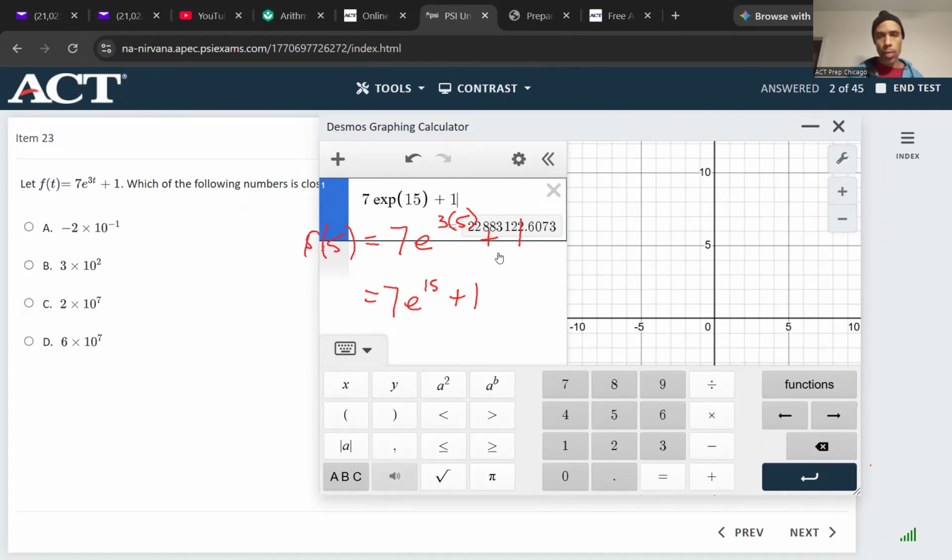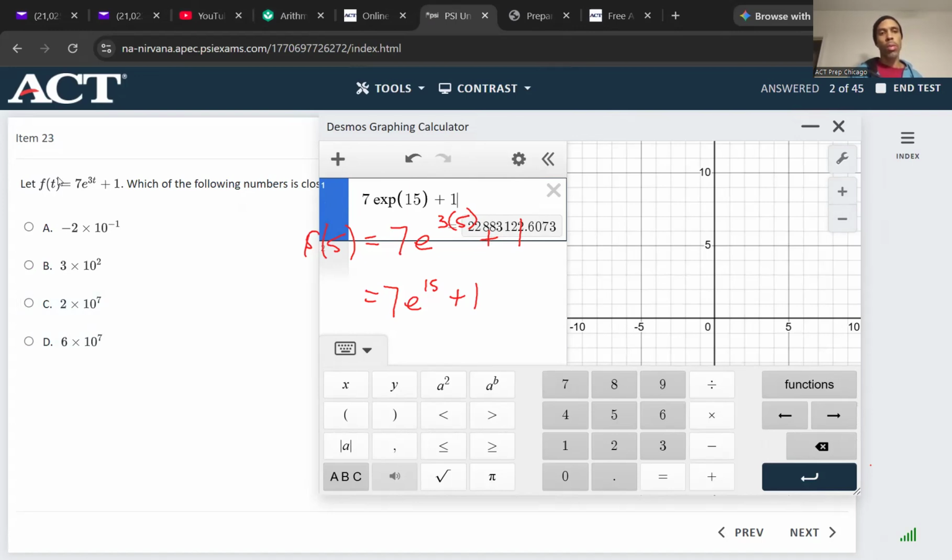So it looks like 22,883,122, which is this one. Yeah, so it's 2, and then you do what? 1, 2, 3. If you put the decimal point here, move 1, 2, 3, 4, 5, 6, 7. So that's about 2 times 10 to the 7.